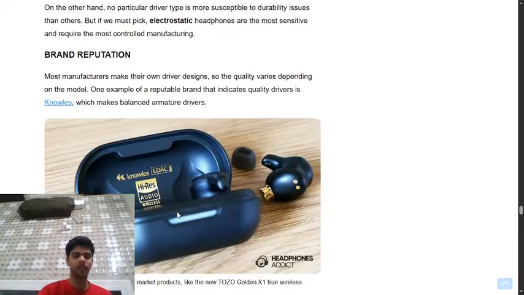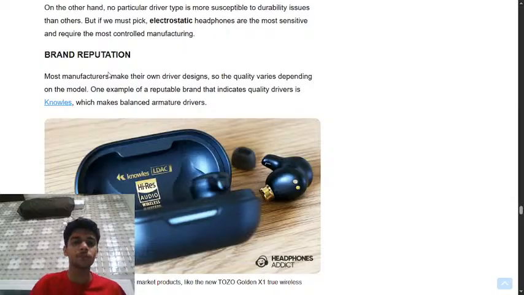Brand. Most manufacturers make their own driver design, so the quality varies depending on the model. One example of a reputable brand that indicates quality drivers is Knowles, which makes balanced armature drivers.